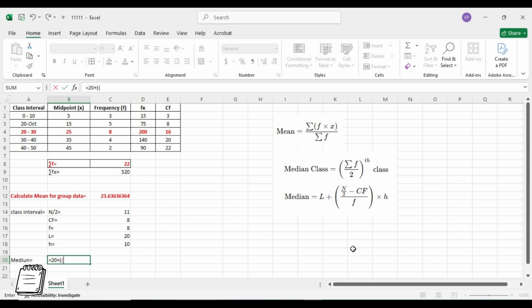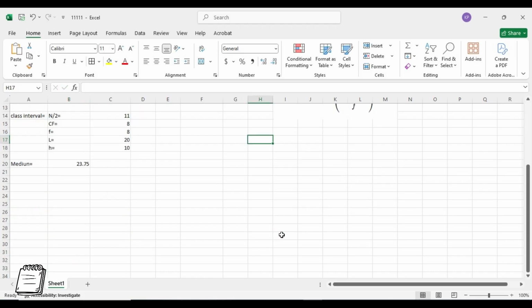Now put 11 minus 8 divided by 8, close the bracket, into h. What is h? H is 10. Now close both brackets. We calculate the median is equal to 23.75. So this is the median of our data.